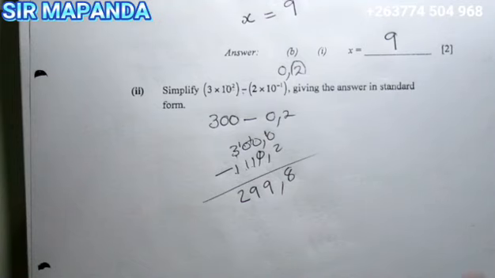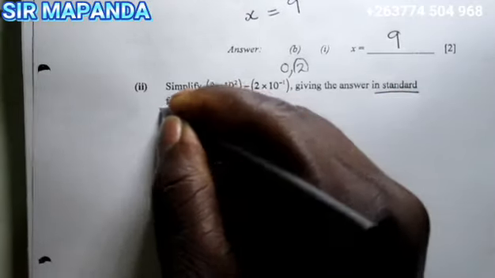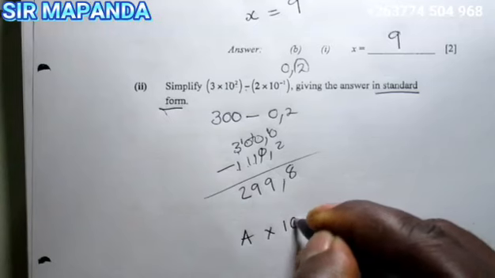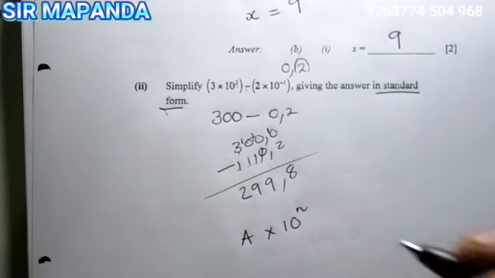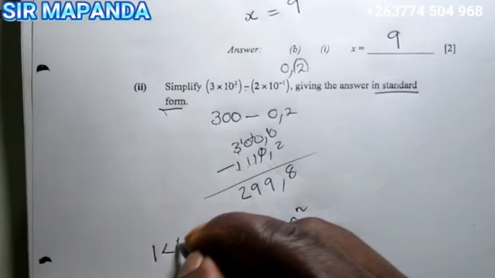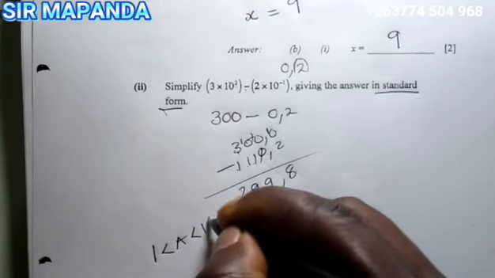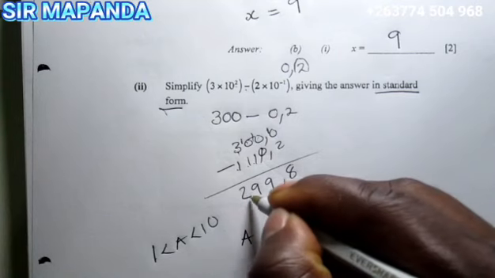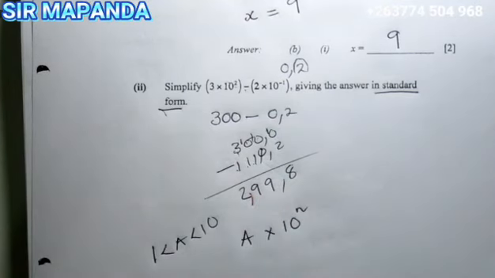But remember, they want you to present your answer in standard form. Standard form is the form written as a times 10 to the power of n, where a is a number above 1 but which does not exceed 10. So for 299.8, to be in that range, we have to put a comma between 2 and 9.